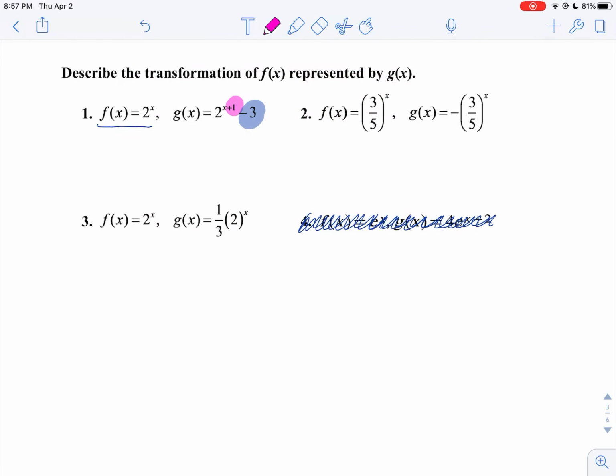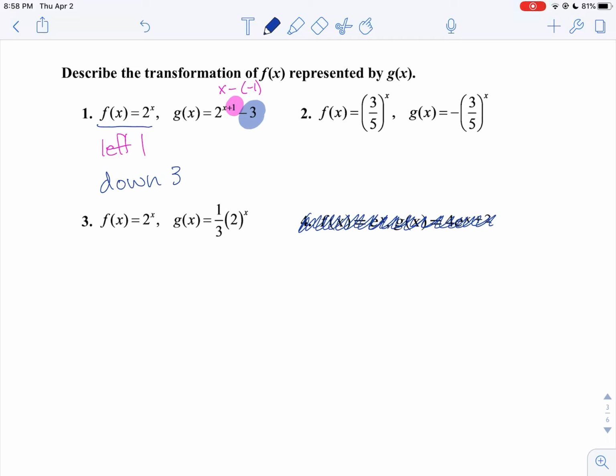So if we put a plus 1 inside the exponent, remember those inside things do the opposite, that is actually going to move my graph left 1 because it's a positive 1. Really, this should be x minus a negative 1, and so that negative 1 is moving it left 1. The minus 3 on the outside is going to do what to the graph? Yeah, that's going to move it down 3.